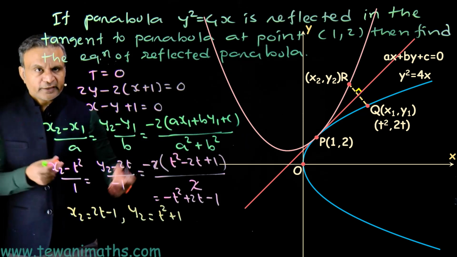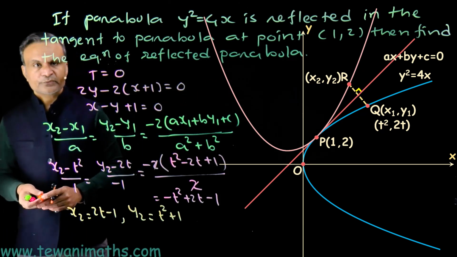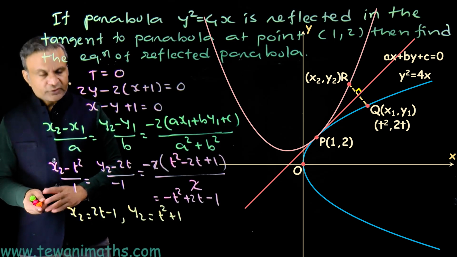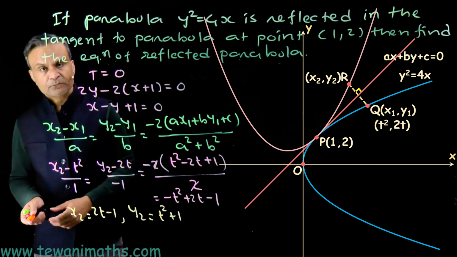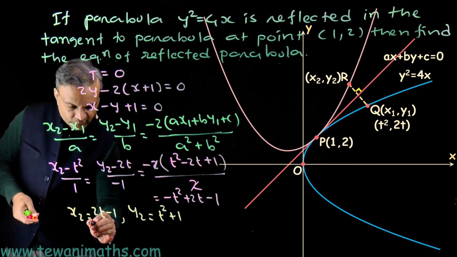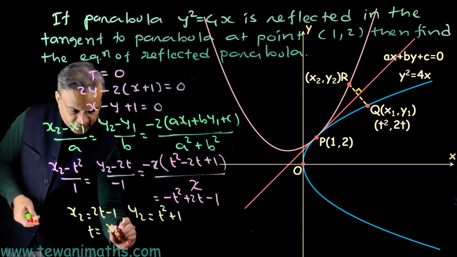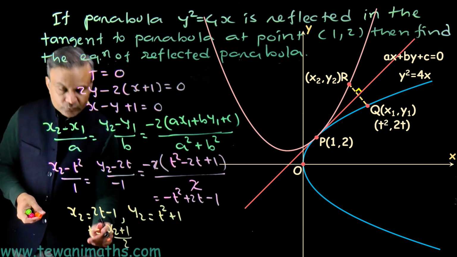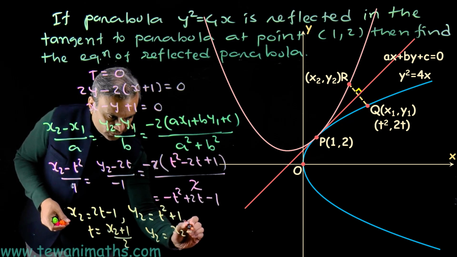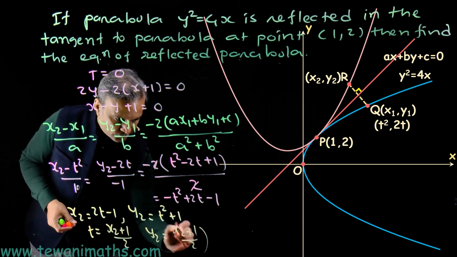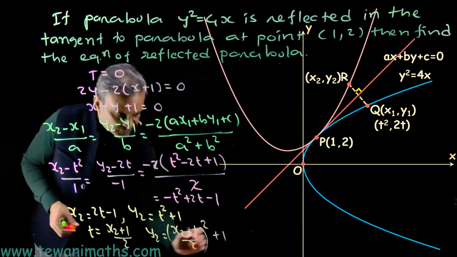Then how can we get equation of this reflected parabola? To get the equation of reflected parabola, from these two equations, we will eliminate t. From this value of t will be (x2 plus 1) over 2. Put this value of t here. We get y2 is equal to ((x2 plus 1) over 2) whole square plus 1.